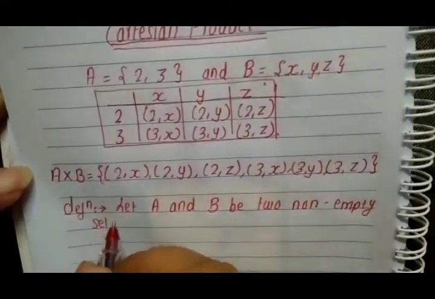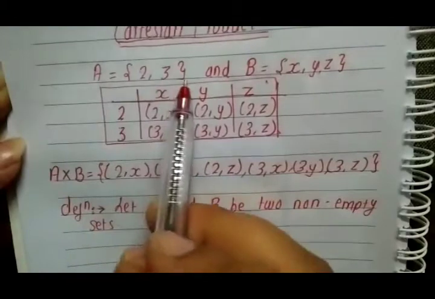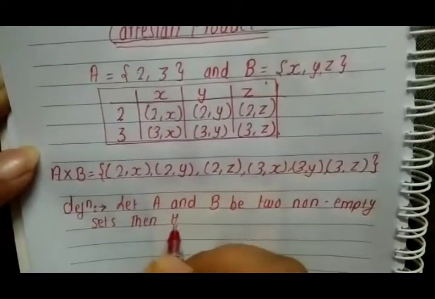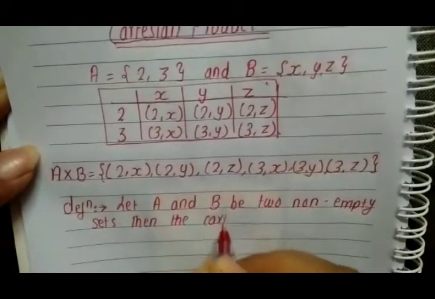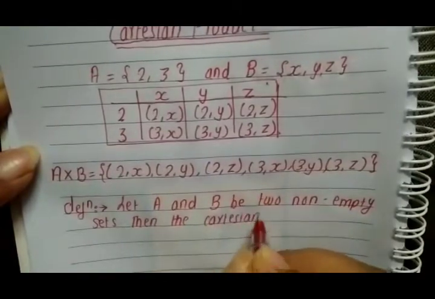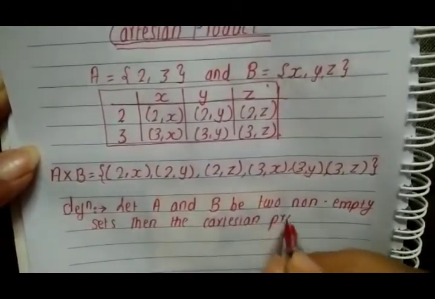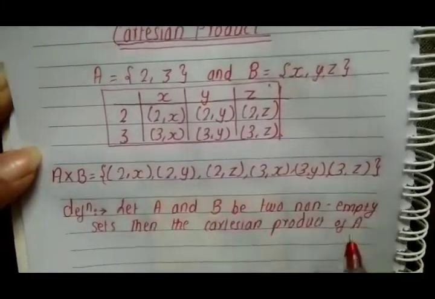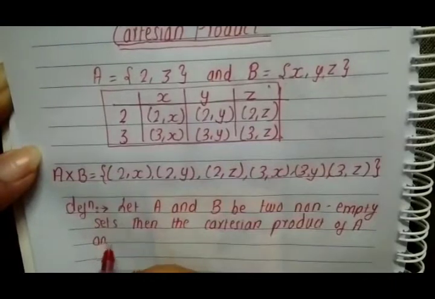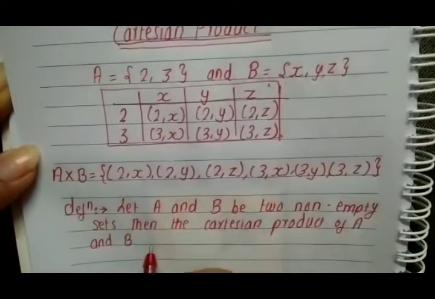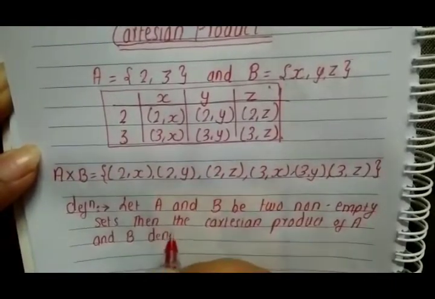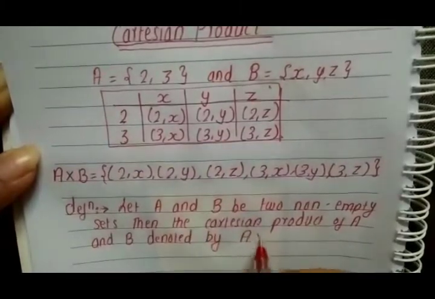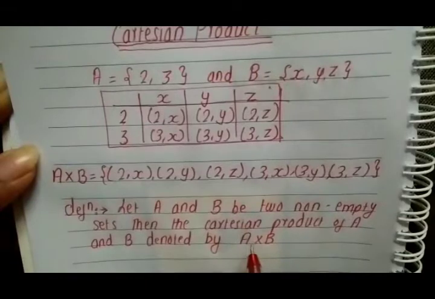Non-empty sets means they contain elements, like these elements. Then the Cartesian product of A and B, denoted by... so how is it denoted? It is denoted by A cross B, right?